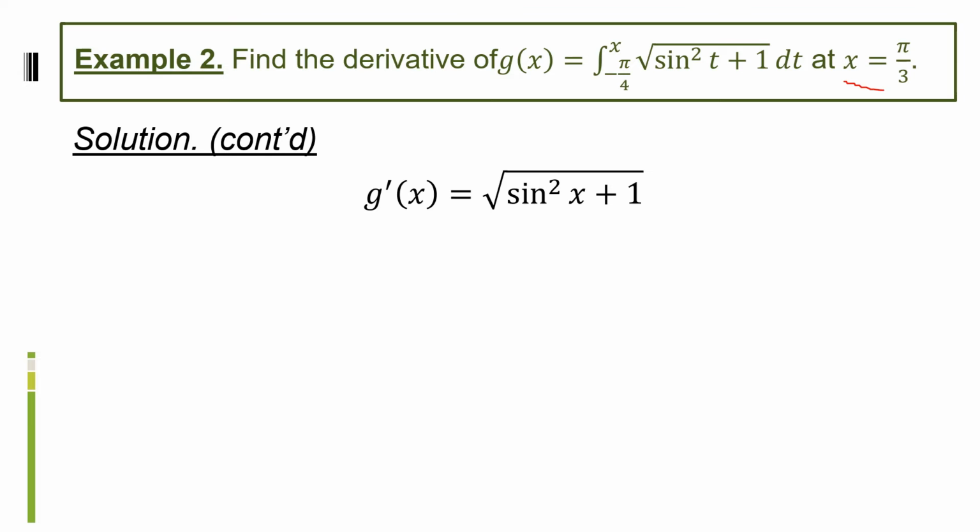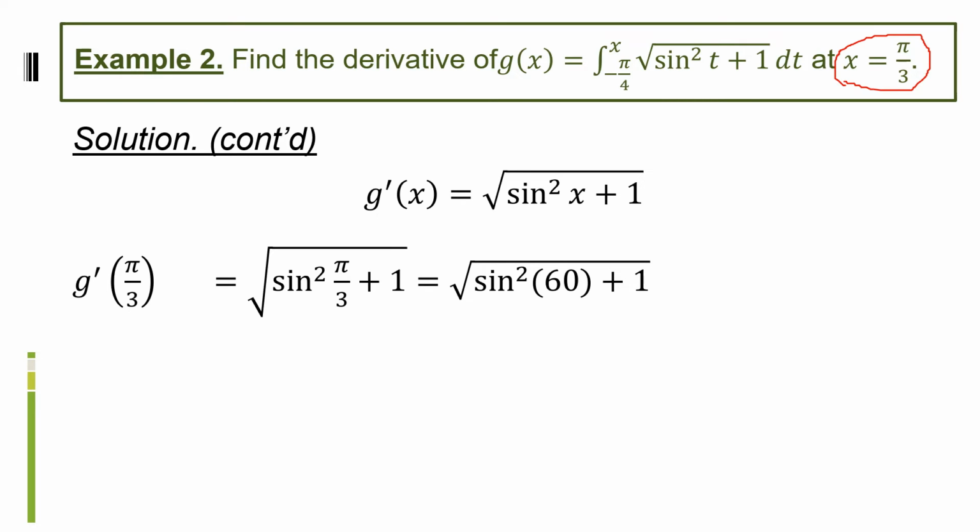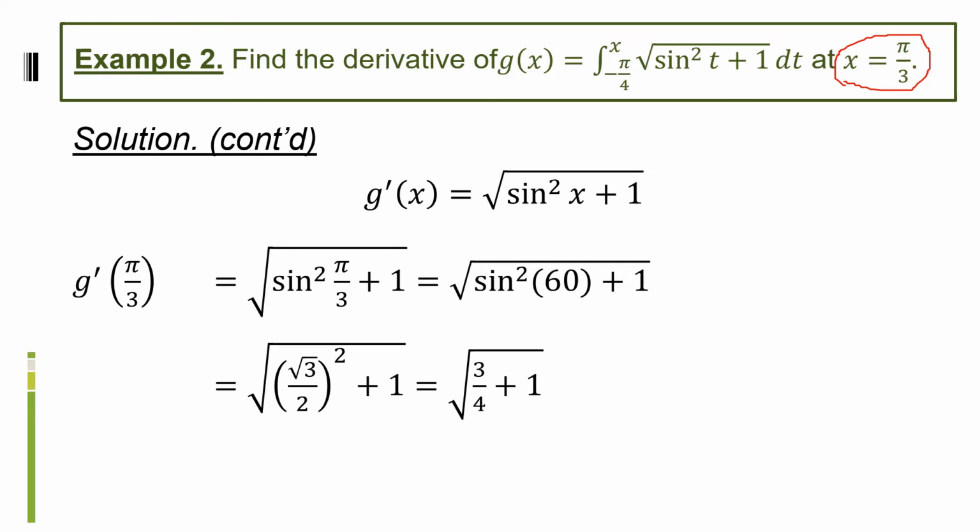And since we are looking at the value of the derivative at x equals pi over 3, we evaluate g prime of x at pi over 3. So we have g prime of pi over 3 is equal to the square root of sine squared of pi over 3 plus 1. In degrees, pi over 3 is 60 degrees. Or that is now the square root of (square root of 3 over 2) squared plus 1, or square root of 3/4 plus 1. So that is now the square root of 7 over 4, or the square root of 7 all over 2.